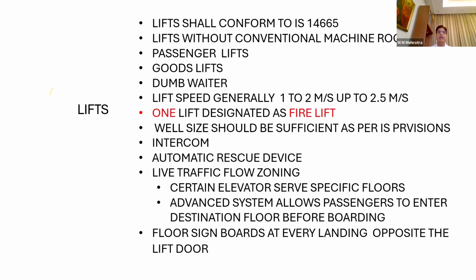Then ARD, automatic rescue device. What is that? It is a control battery provided in the machine room which controls the brake. In a lift, normally when supply is not there, that brake is always applied in default mode.